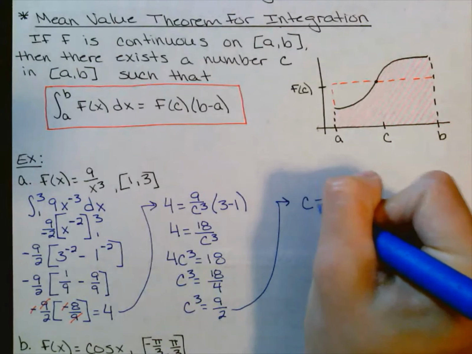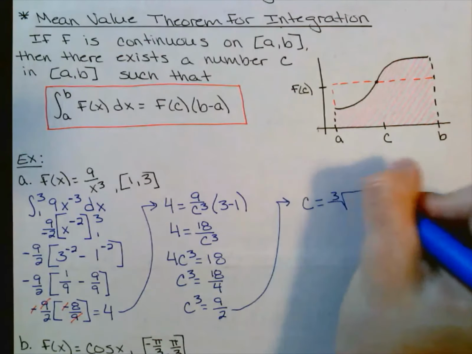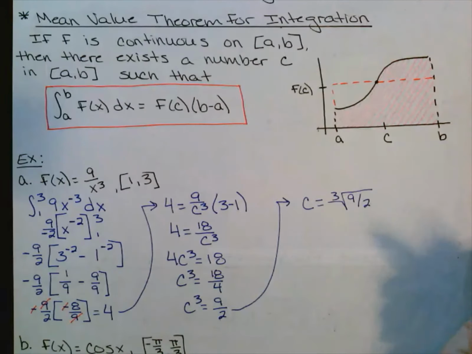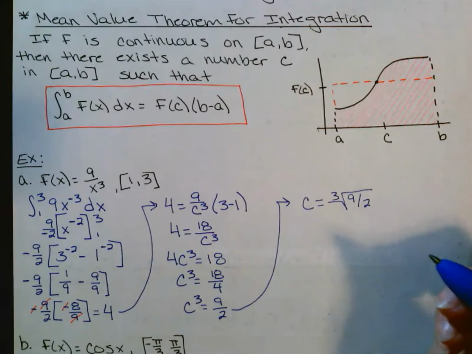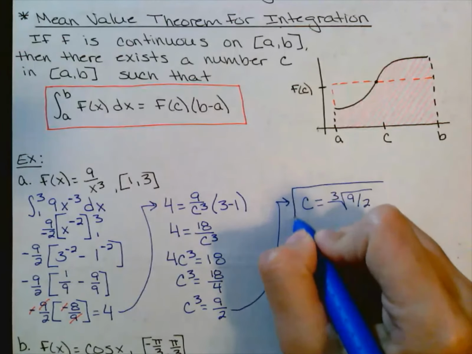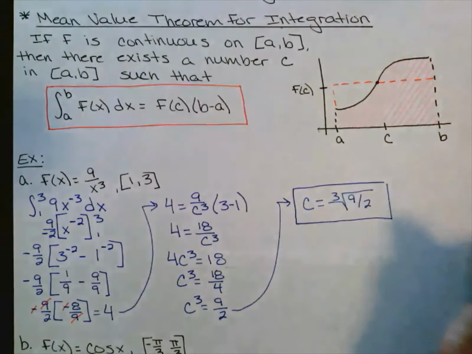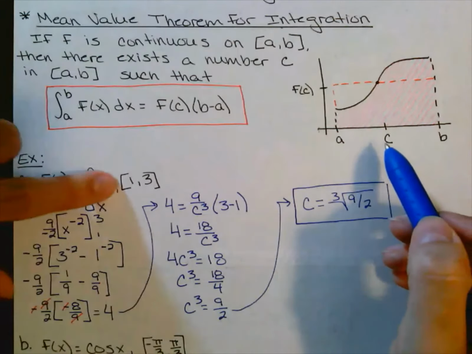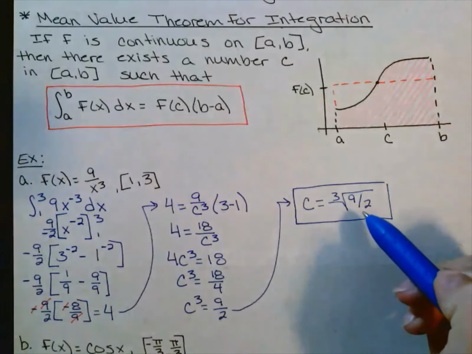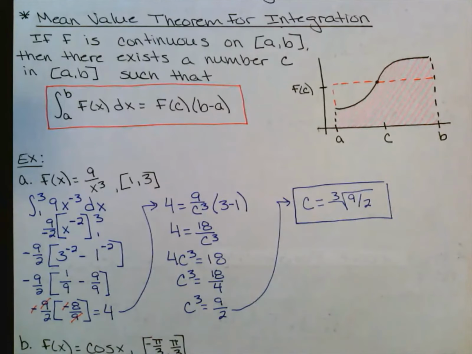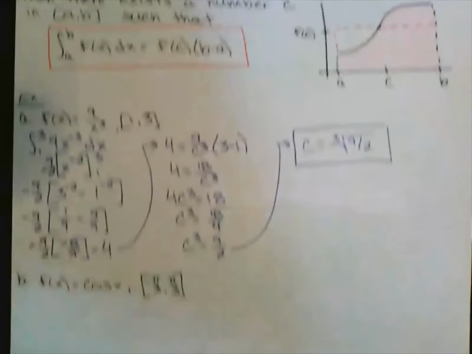So c equals the cube root of 9 over 2. You can leave it like that. I encourage you to leave it like that. And that would be your final answer. That is the spot on the graph in between 1 and 3 that gives me the exact area under the curve. Let's try it a little more complicated with a trig function.